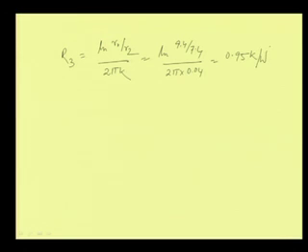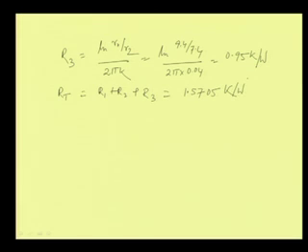Now, the total resistance R T is equal to R 1 plus R 2 plus R 3, and if we add up all the three, it comes about 1.5705 Kelvin per watt.